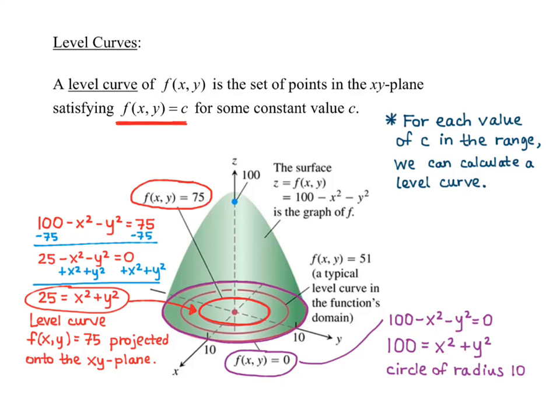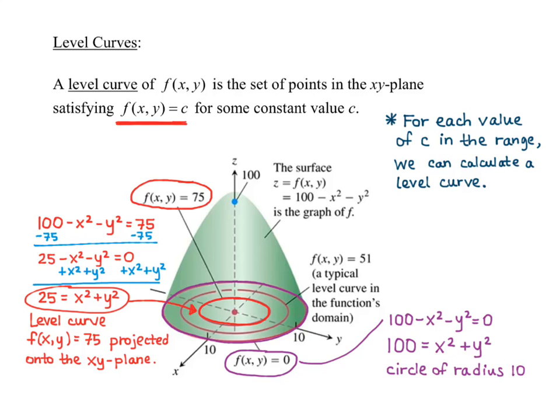The reason we want to do this is because it can help us create what we call a contour map of the function, where we have the level curves on a two-dimensional plane, and then we have the different constants which would represent different z values.